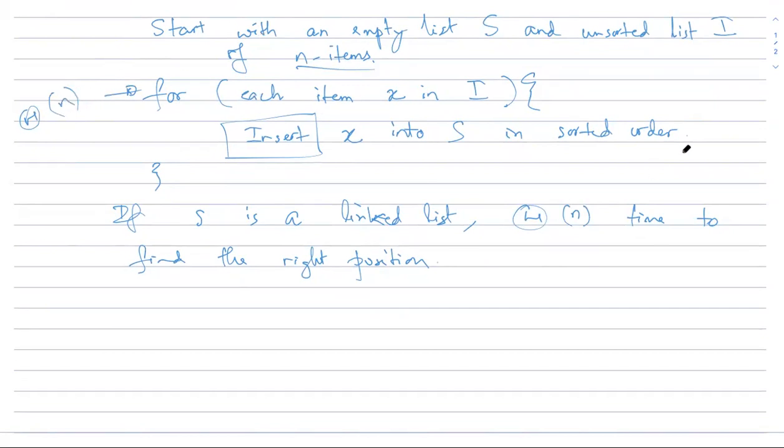This overall for loop is order of n. And then this step of inserting X in the appropriate position, if it's a linked list, it will take order of n time to find the right position. And therefore, this is also going to be order of n.